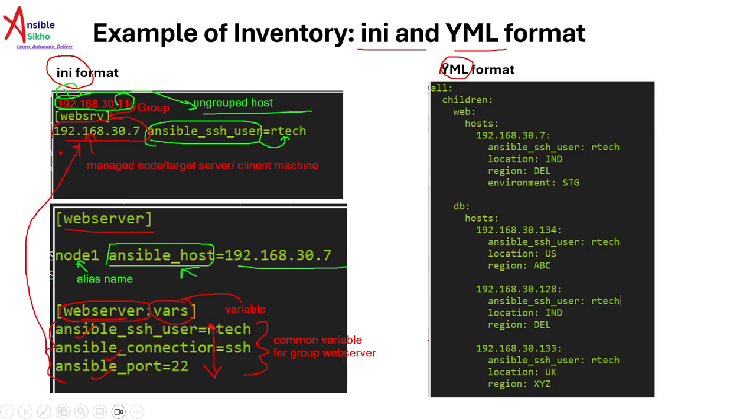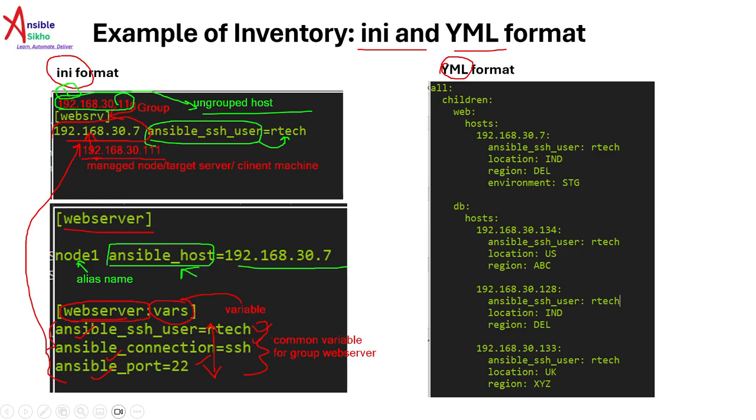If I have any other server here, 192.168.30.111, then all these variables, user, connection and port, will be utilized by this particular host too.